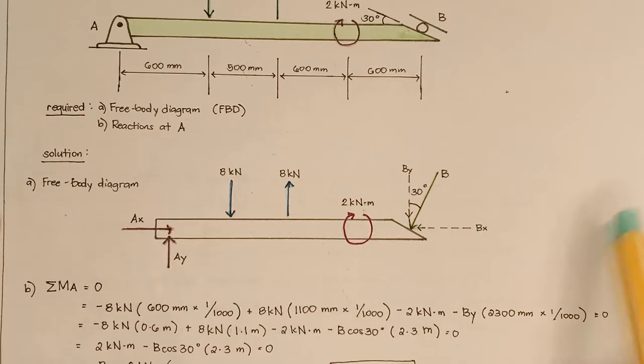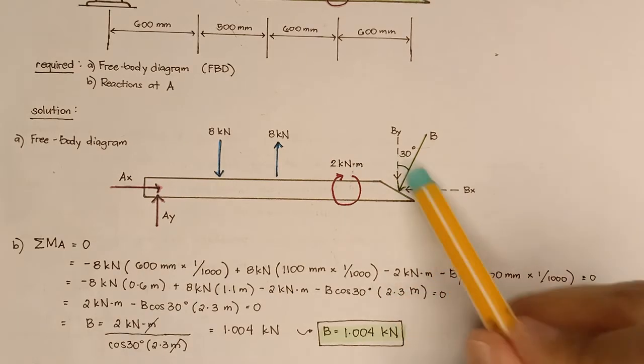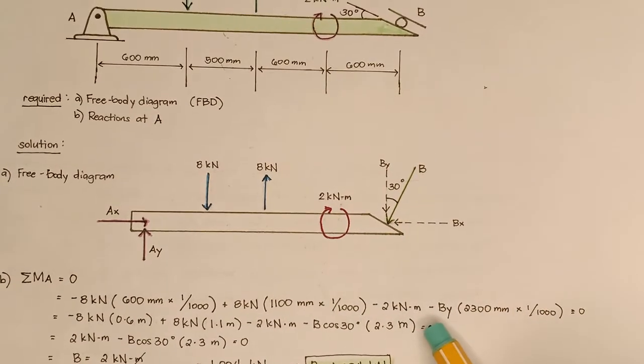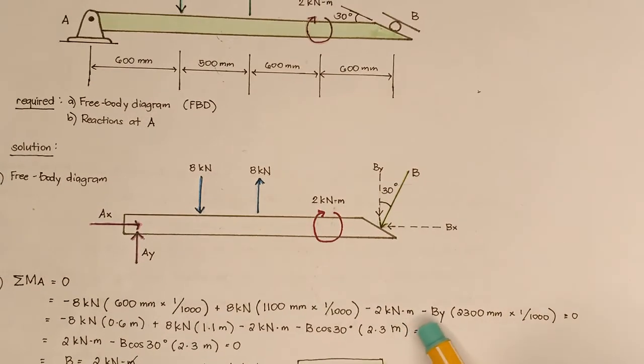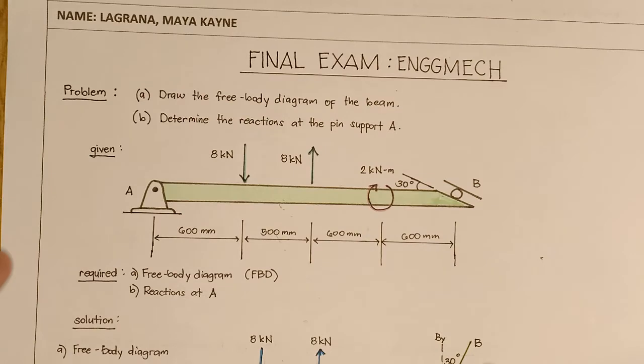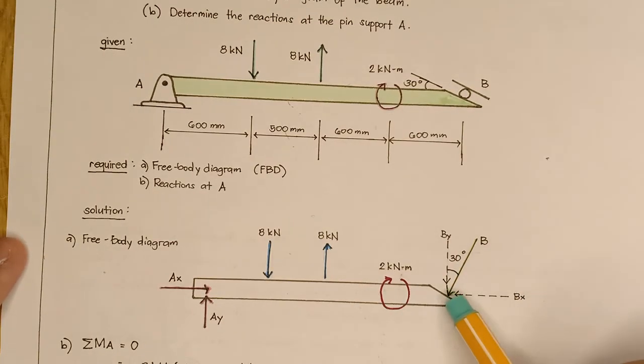Next would be the moment of negative 2 kilonewton meters because it is in a clockwise direction once again. And last but not least is the negative BY multiplied to 2,300 millimeters converted into meters. This is BY because this component of the B force is the one perpendicular to the distance.